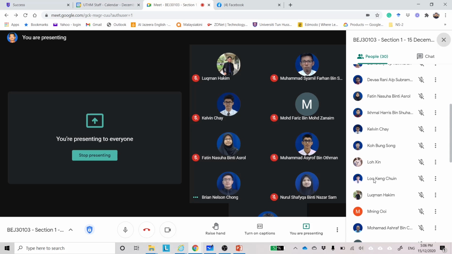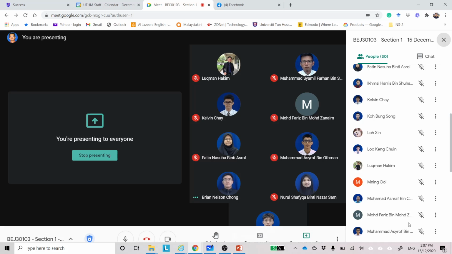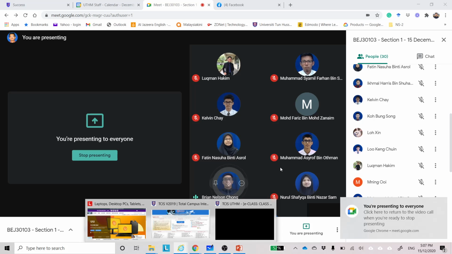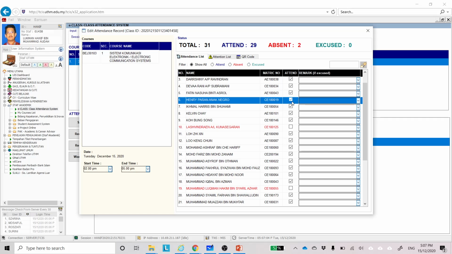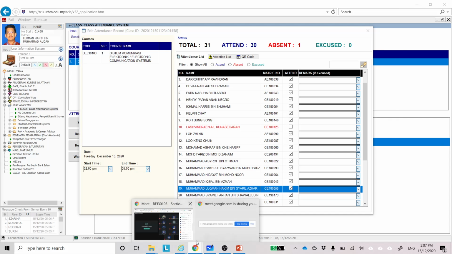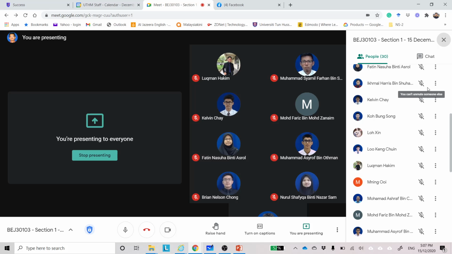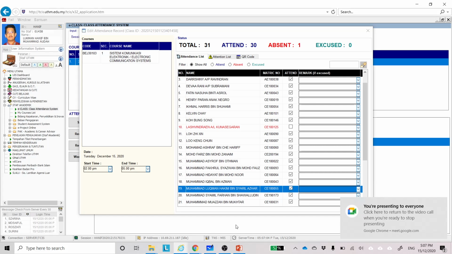Doktor, Henry punya internet slow, dia tak dapat nak masuk kelas. Henry, okay. Lashvendran tak ada. So, saya anggap seorang tak datang.